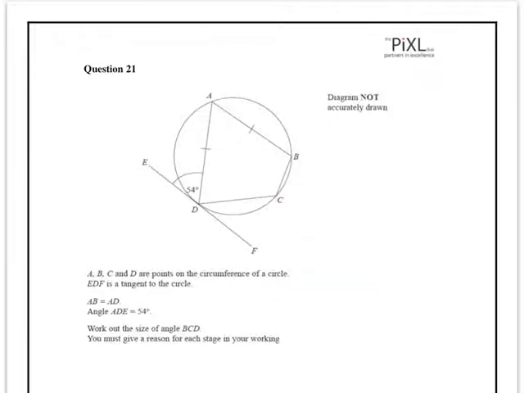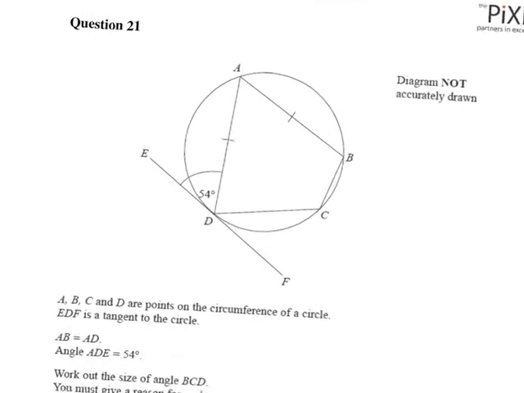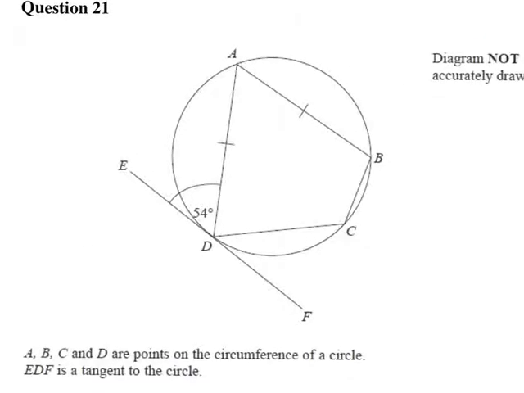Okay, so here we have quite a tricky circle theorem question, and it's made more tricky because we need to add in an extra line, and I'll explain why in a minute. We put a line between B and D. This means we can use one of the circle theorems, which is one of the lesser used circle theorems. Now the rule is the angle between a chord and a tangent is equal to the angle in the alternate segment.